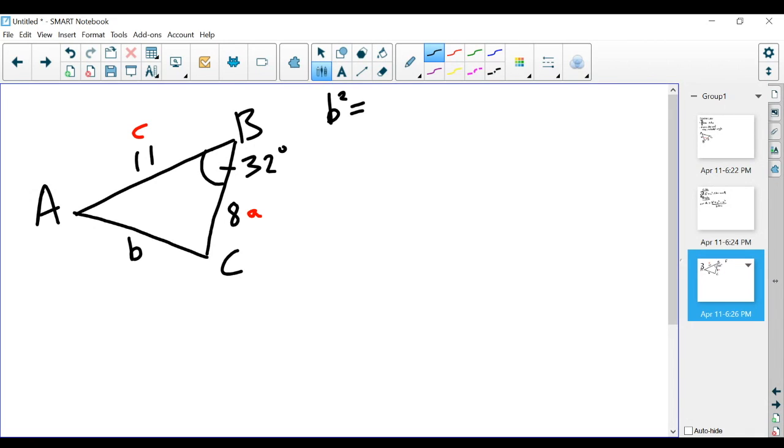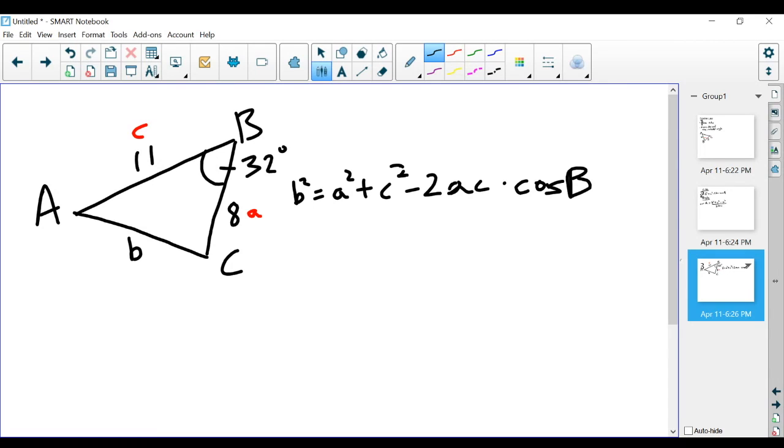So b squared is equal to a squared plus c squared minus 2ac times the cosine of angle B. So let's go ahead and fill in all of those variables.